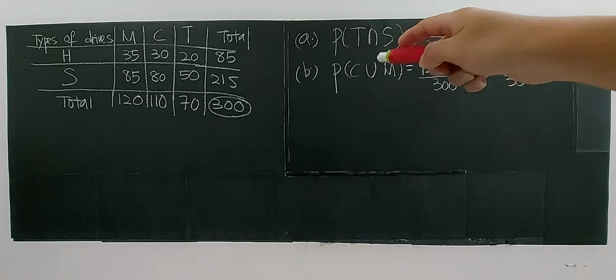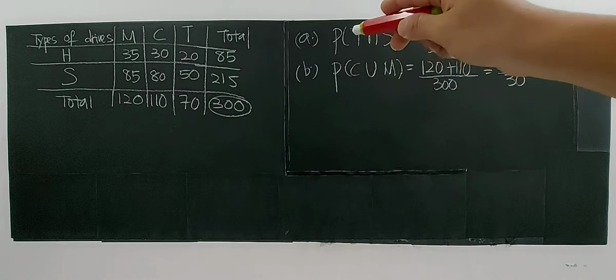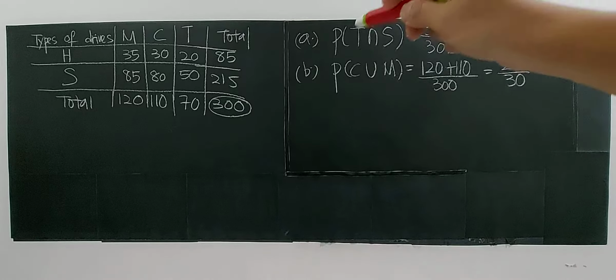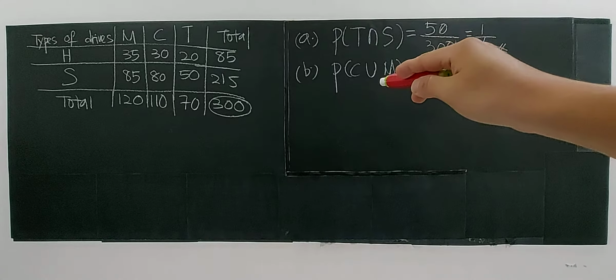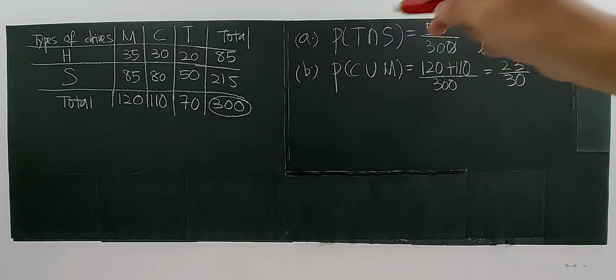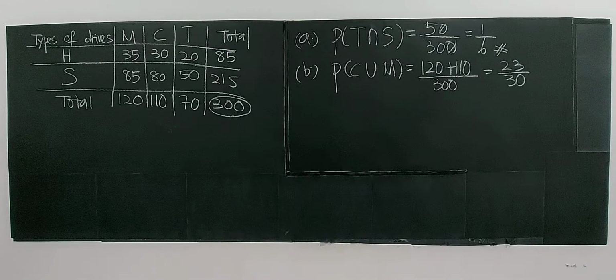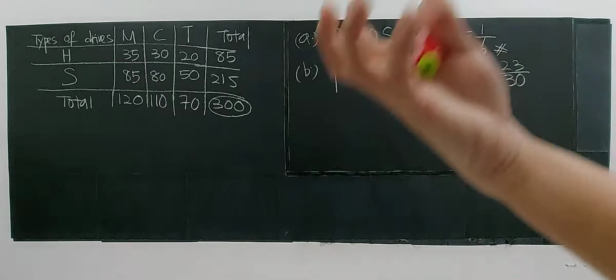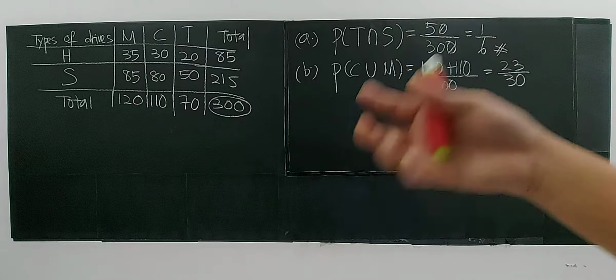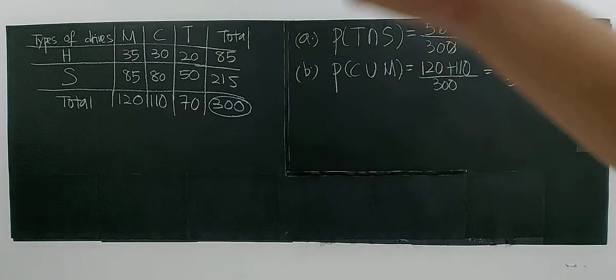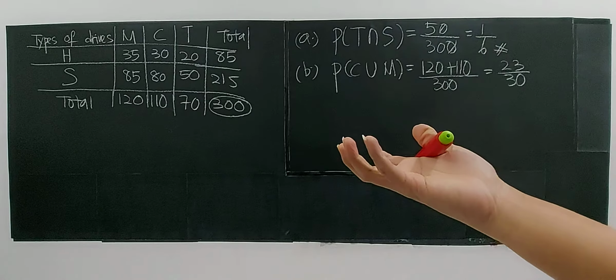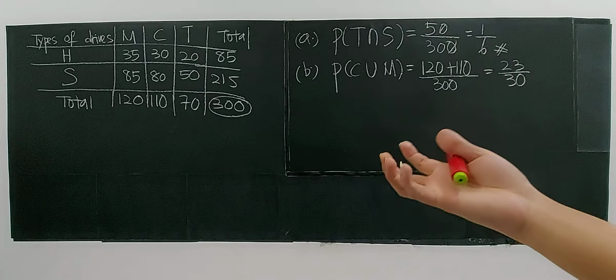So actually this is also the event of China. The drive is manufactured in Malaysia or China is actually mutually exclusive, right? Means if you choose a drive, this drive is either from China or Malaysia. It can't be that the drive is made in China and also made in Malaysia.